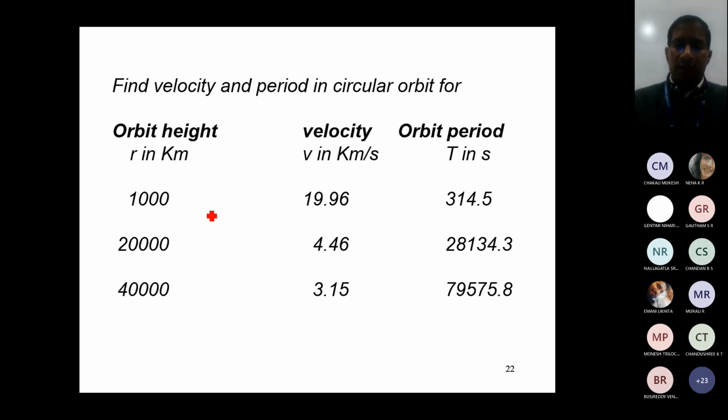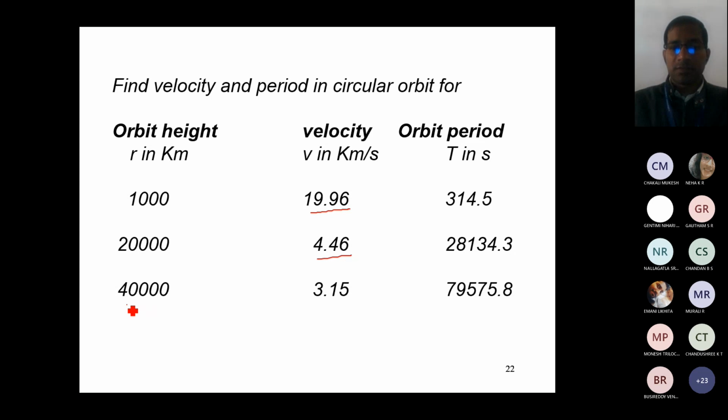For 1000 kilometer of orbital height, the velocity at which the satellite is moving is 19.96 kilometer per second. When the orbital height is 20,000 kilometer, the satellite is moving at 4.46 kilometer per second.